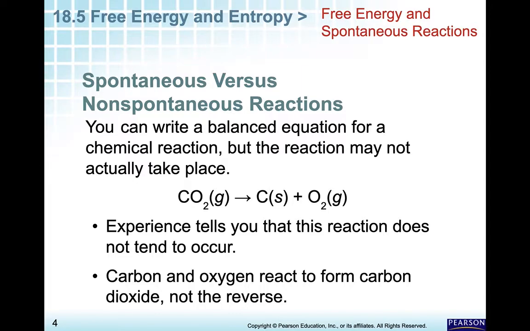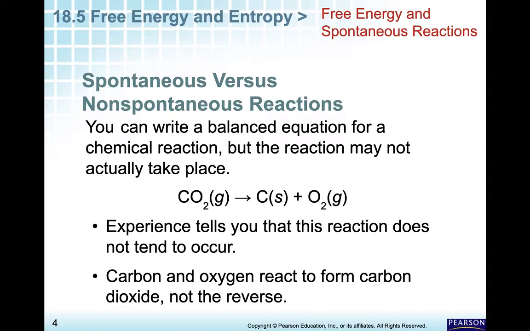That doesn't mean it's going to happen naturally, right? Rarely do we see carbon dioxide gas spontaneously breaking up into solid carbon and oxygen. We know there's carbon dioxide gas in our air, lots of it. We never see solid carbon raining from our sky as the carbon dioxide breaks up. That doesn't occur, at least not naturally.